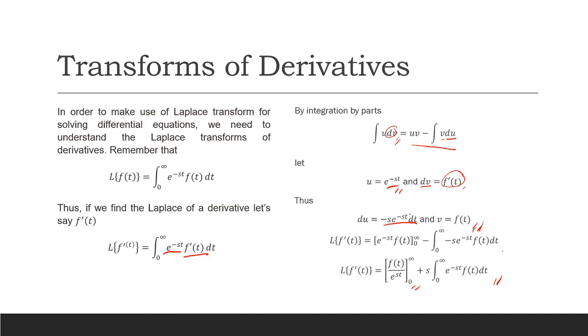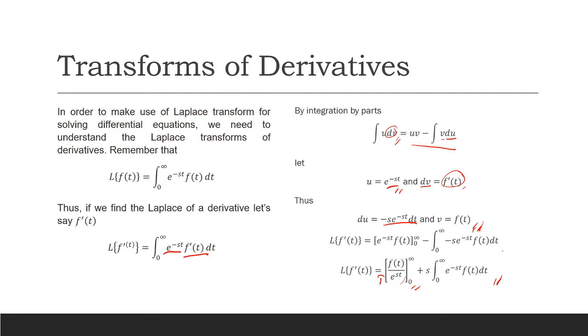How about kapag infinity na yung substitute natin sa t? Pansinin natin yung denominator natin. We will have e raised to s times infinity. So kung ang isang term ay naka-raise sa infinity, ano yung magiging value nitong e raised to st? Infinity as well. So ibig sabihin, yung denominator natin will approach infinity. And what will happen, class, if your denominator is approaching infinity? This term will be approaching 0.